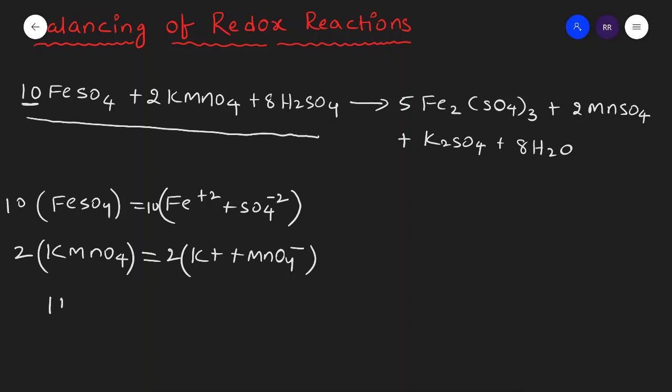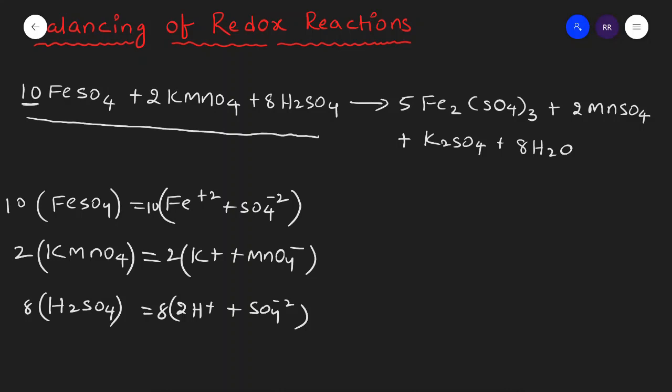And H2SO4 can be written as 2H plus and SO4 minus 2. So how many moles were there? 8 moles. So here also you write the same 8 moles. This is all about reactants. We have converted all the formula units into ionic forms.